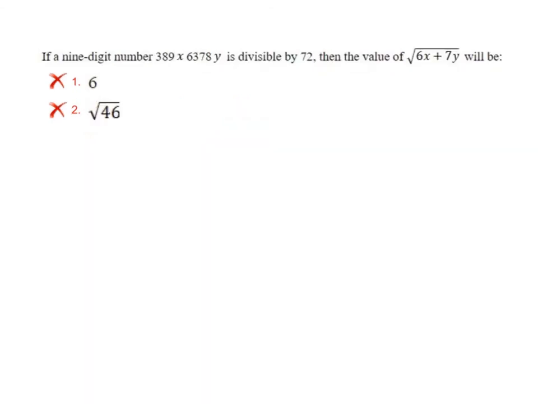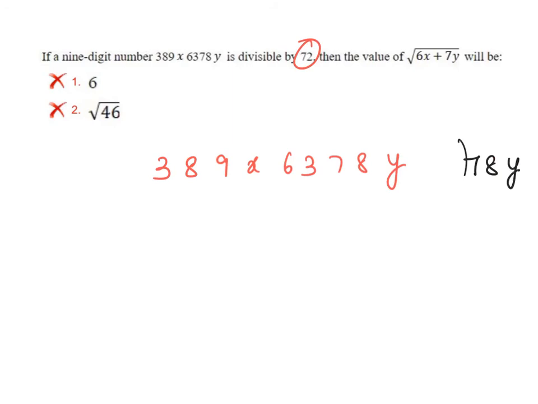If a 9 digit number 389x6378y is divisible by 72, which means 8 and 9. First apply the divisibility rule of 8, 78y. 8 9s are 72, then after 6, 64 goes in the 8 table, so y value is 4 here.